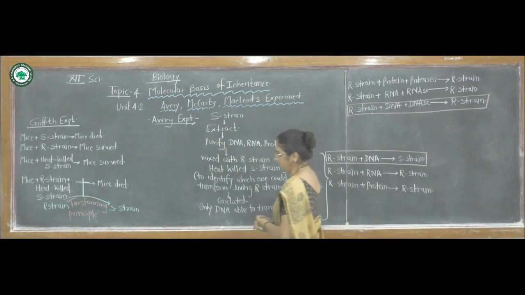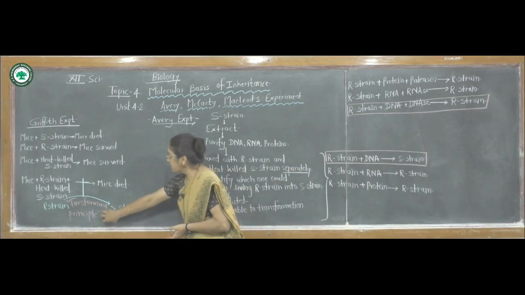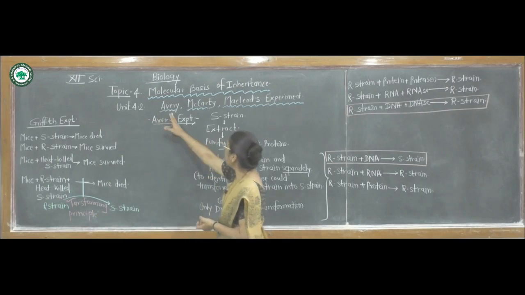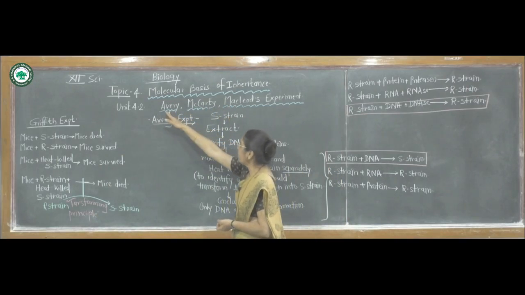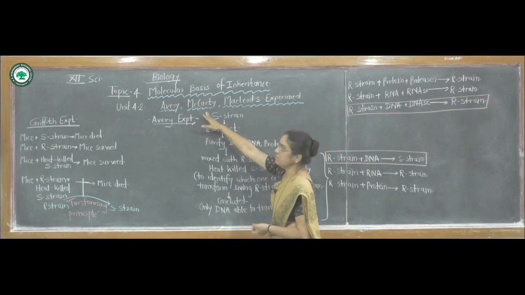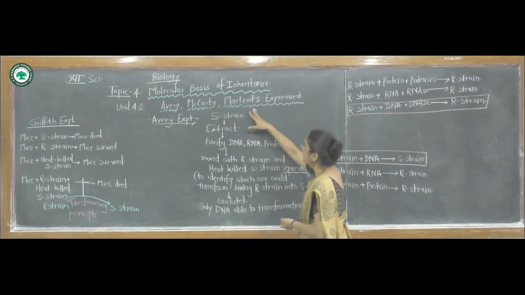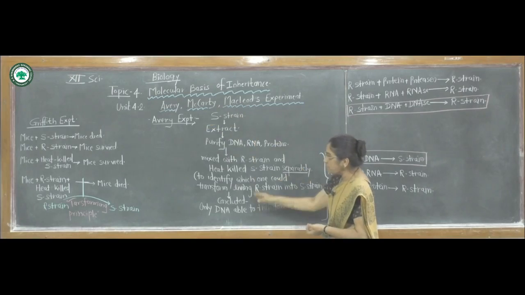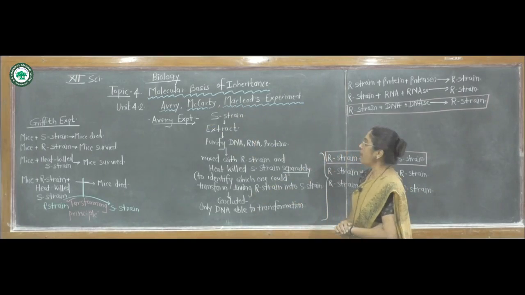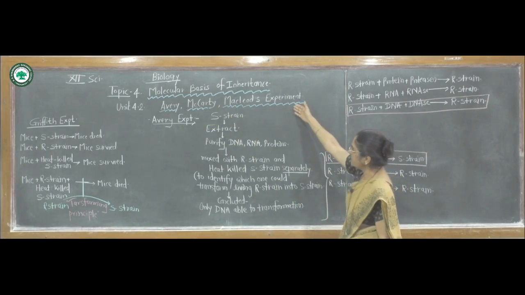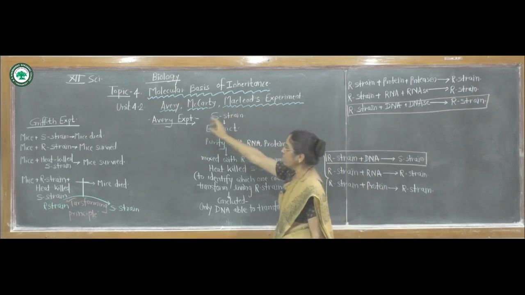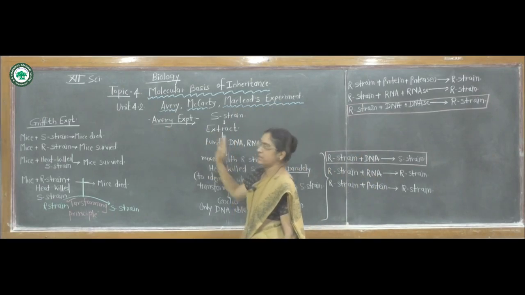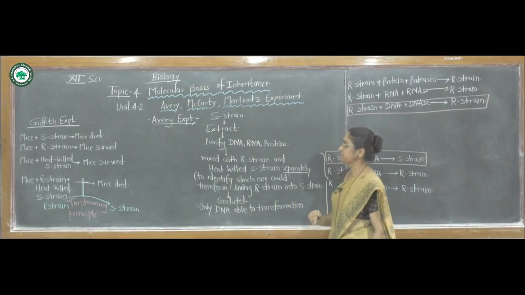And so later on, to explain what the transforming principle is, Avery and his associates, that means the cytologist Avery, then McCarty and MacLeod, performed a further experiment, and it became known as the Avery, McCarty and MacLeod experiment, or in short the Avery experiment.